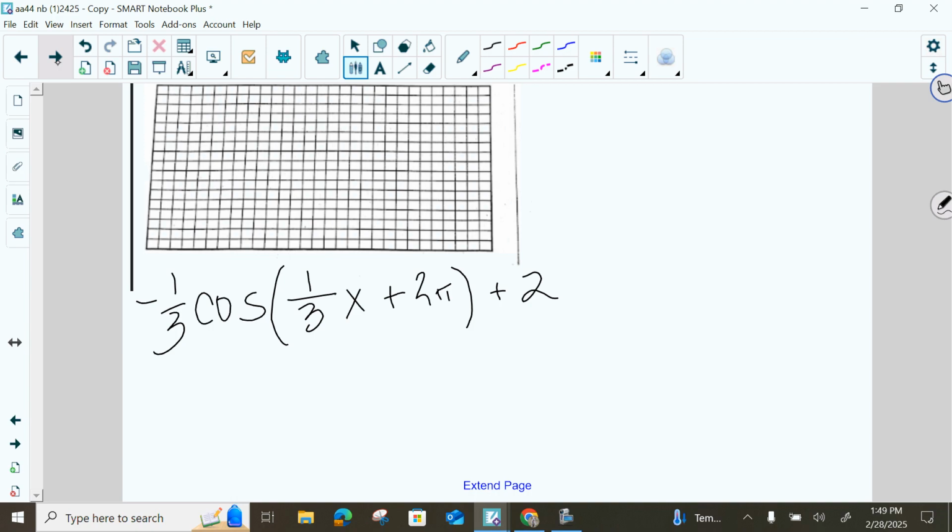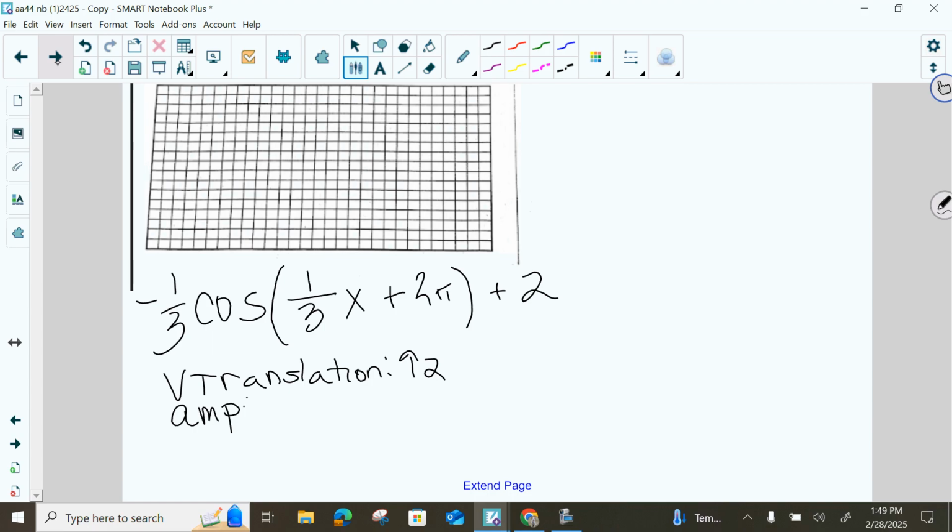I'll go easiest to hardest. Vertical. Oh, I think I asked you vertical last time too. Up 2. So our vertical translation is up 2. All right, I think the next easy one is amp. What's our amp? 1/3, positive, right?